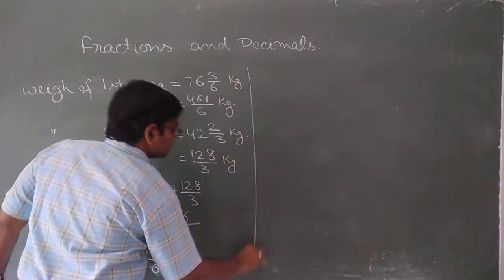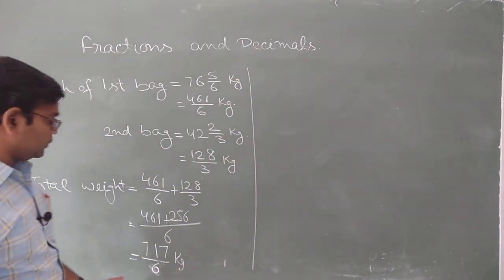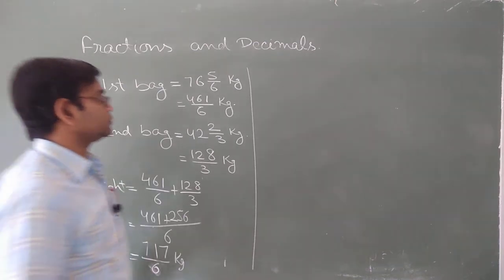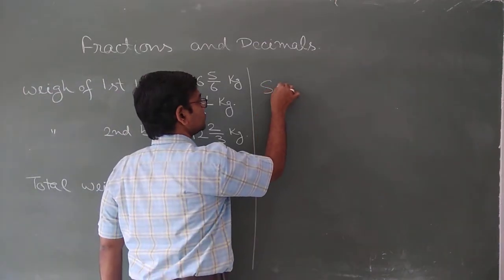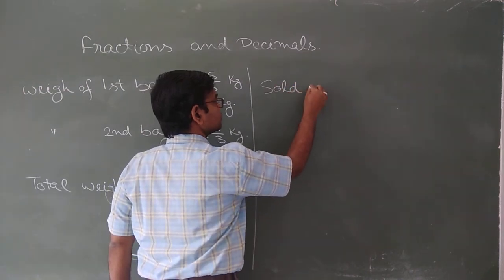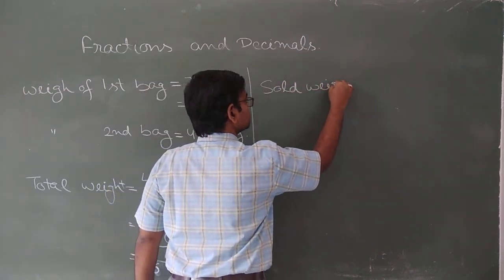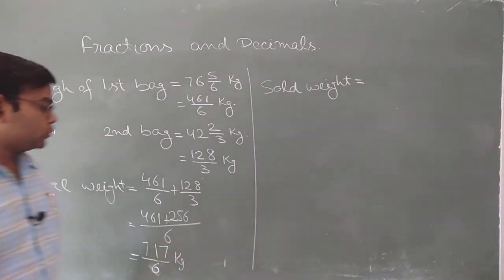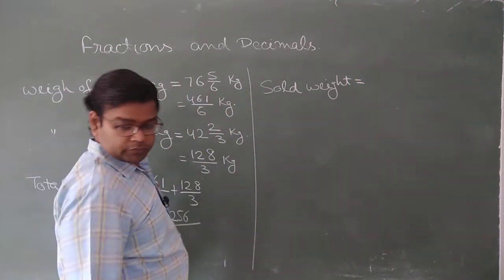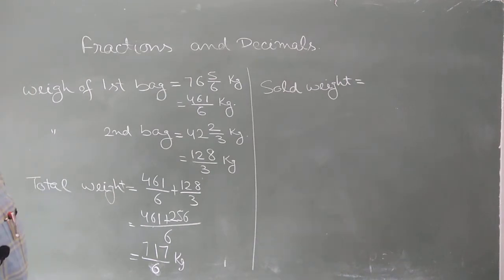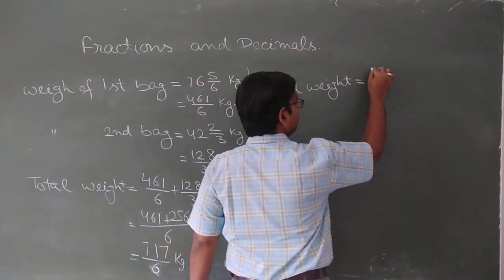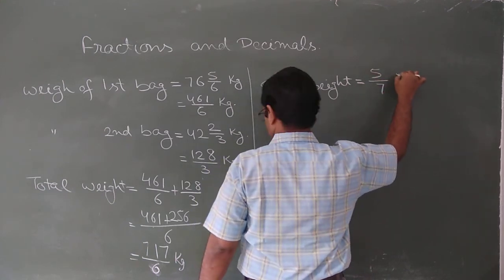Now the question says that if 5 by 7 part of this much is sold, sold weight equals 5 by 7 of the total weight. 5 by 7 of total weight.